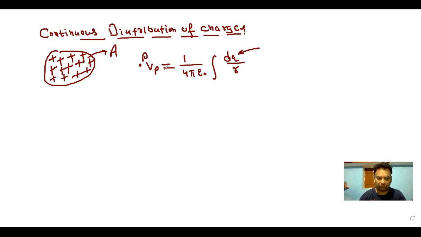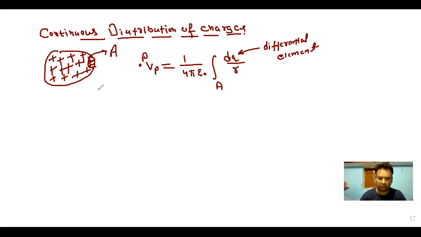This dq is a very infinitely small charge element over the surface area A. So this is a differential element. हमने एक बिल्कुल छोटा सा चार्ज लिया, मींस जितना छोटा चार्ज हम ले सकते थे वो स्मॉलेस्ट चार्ज हमने लिया, और उस स्मॉलेस्ट चार्ज को हम इंटीग्रेट करेंगे, एंड देन वी विल फाइंड द पोटेंशियल due to the whole distribution of charges.